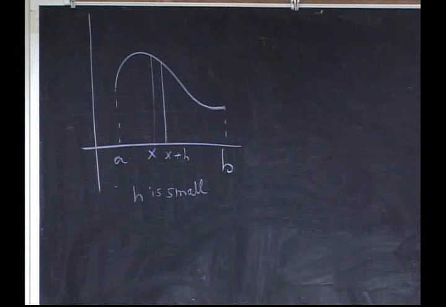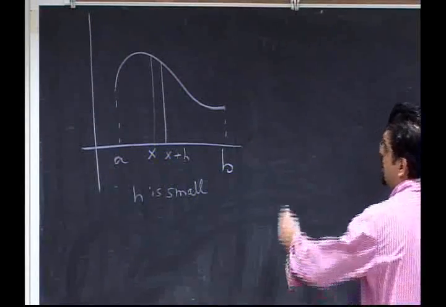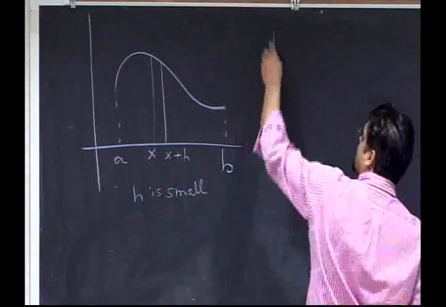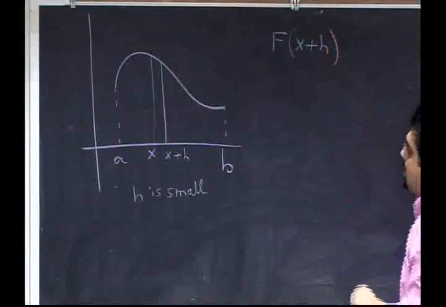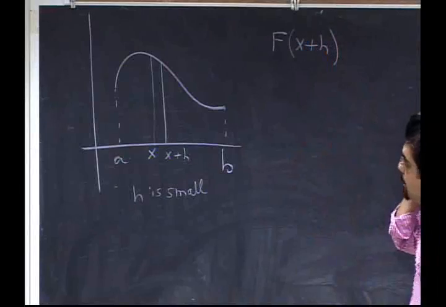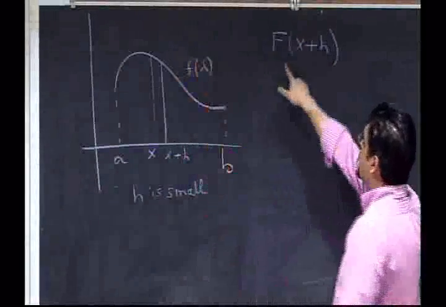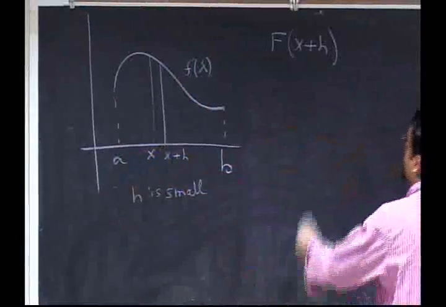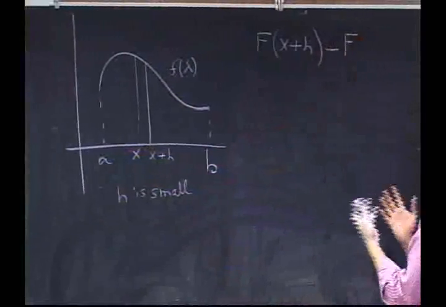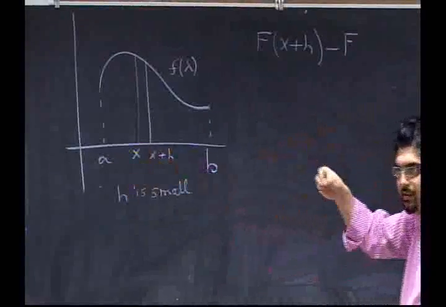And we want to see how much F changes. What does this represent from the picture? This is the area from a to x plus h. And I want to see the change in F, so I have to see what F is here minus what F is here. How much big F changes?